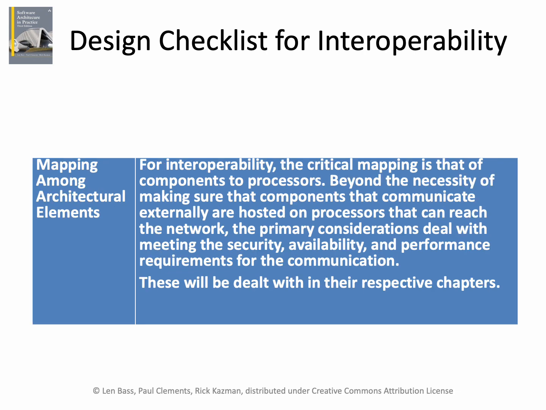Now let's look into mapping among architectural elements in a little bit more depth. Mapping among architectural elements is a critical process that ensures all components of the IT infrastructure work together seamlessly. This involves identifying and defining how various systems, applications, and data sources interact and integrate with each other.